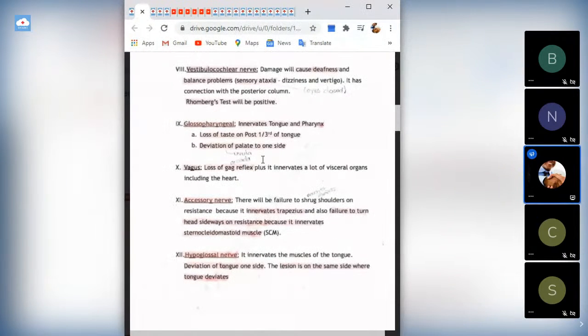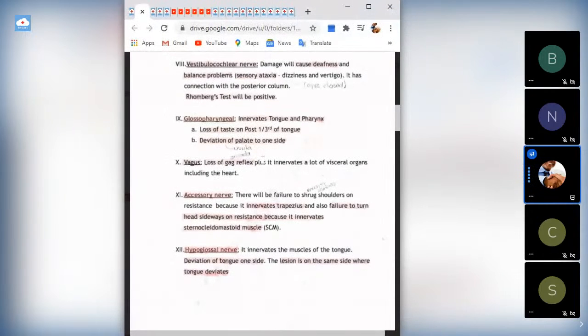Now, the next nerve on our list is the vestibulocochlear nerve. Okay, now, like I mentioned earlier, the name of the nerve tells you the functions or the nature or the anatomy of the nerve. Okay, so vestibulocochlear tells you that there are already 2 different nerves in one. So the vestibulocochlear nerve is like 2 in 1.